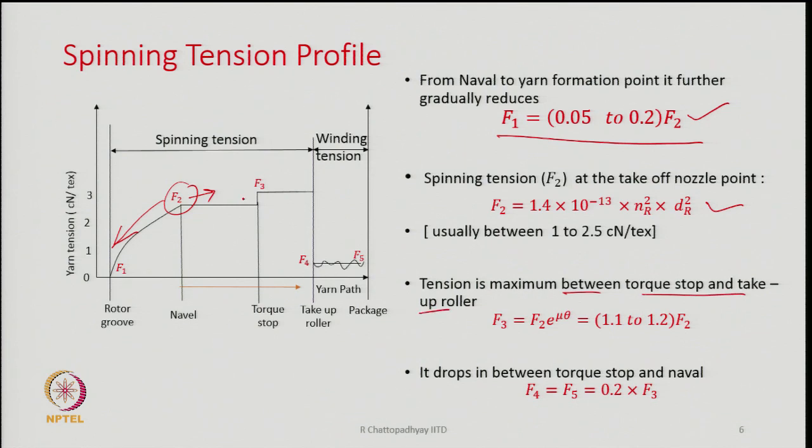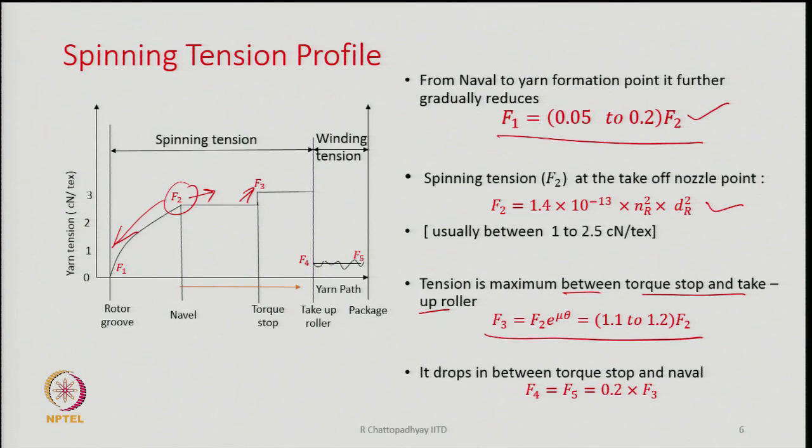Here there is another jump in tension, and what is the F3 value? F3 is F2 into e to the power mu theta, because of the torque stop, or the twist trap; sometimes it is called torque stop, or you may also find people calling it a twist trap.